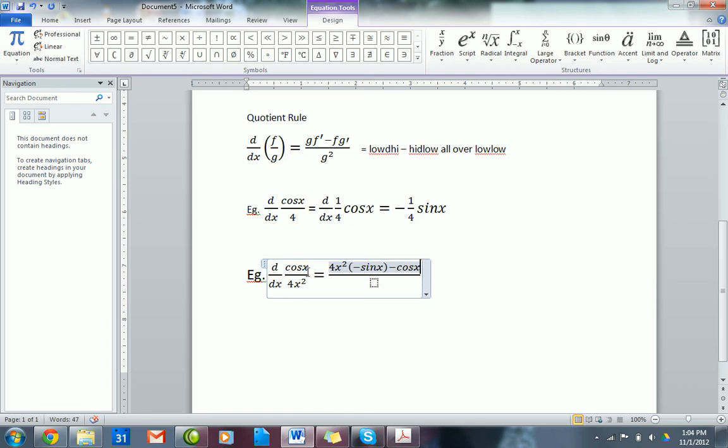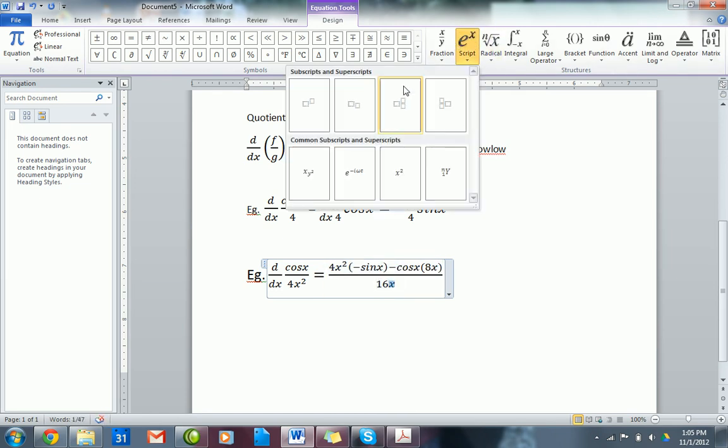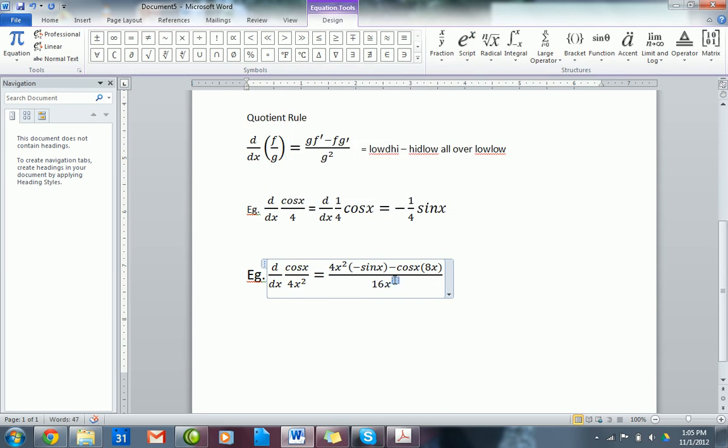Now what's the derivative of 4x squared? It's 8x. All over low, low, all over 4x squared. So when I square 4x squared, I get 16x to the 4th.